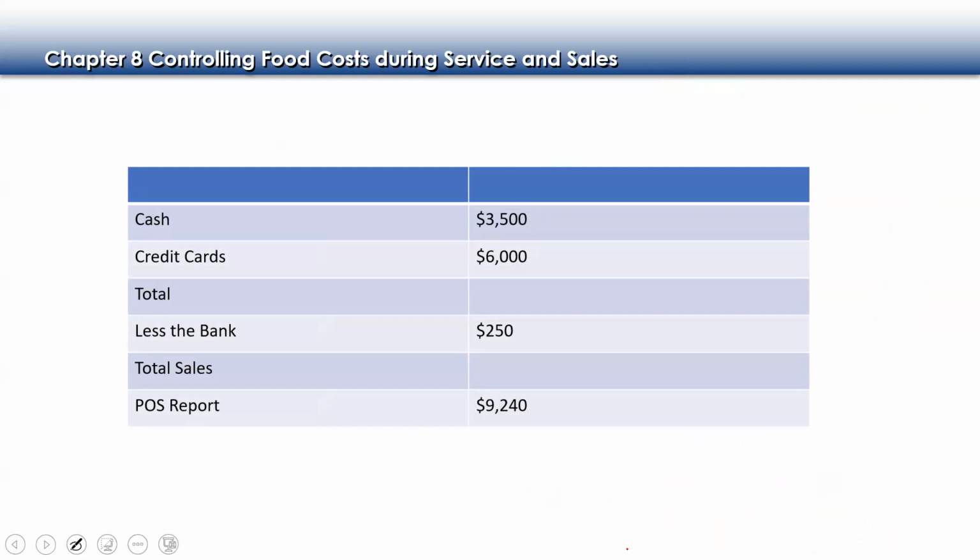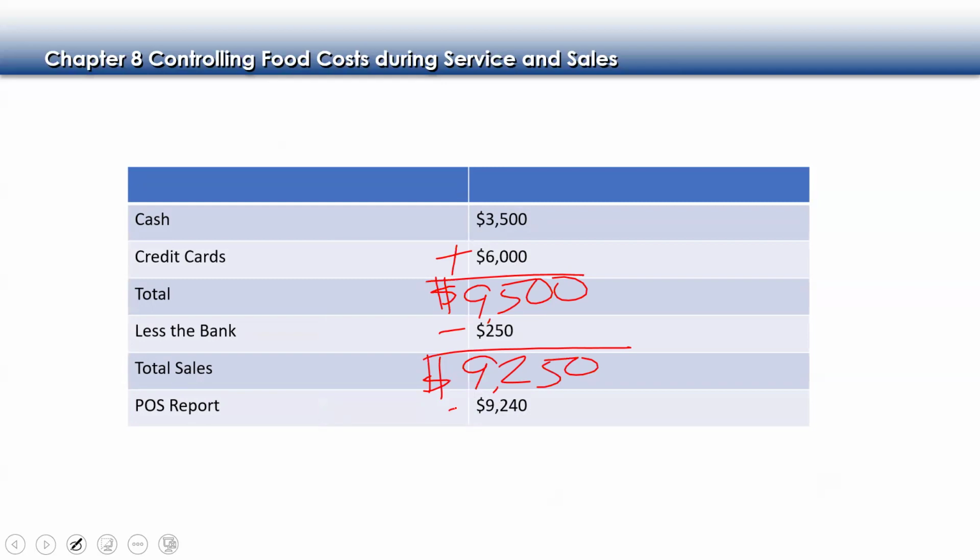So our cash plus credit cards, what's 3,500 plus 6,000? 9,500. Less my bank of $250 is $9,250. My report tells me that my sales is $9,240.